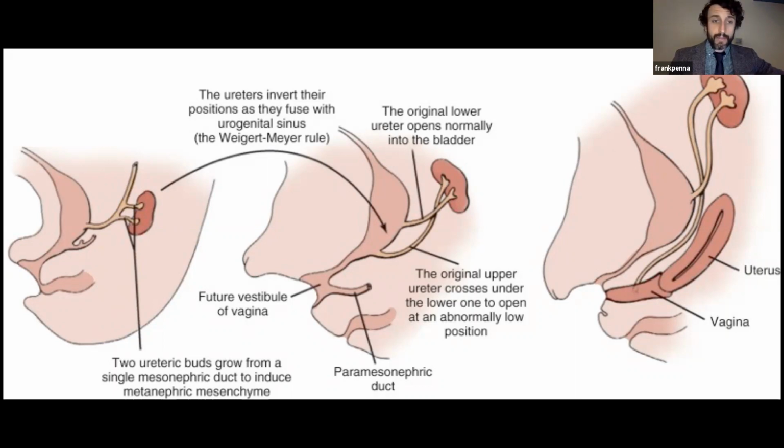Essentially, the lower ureter goes into the bladder, and the upper ureter can insert more medially, for example into the vagina or the bladder neck. That could be an issue, because the upper pole could be obstructed, and that portion of the kidney won't drain urine properly and might be damaged over time.